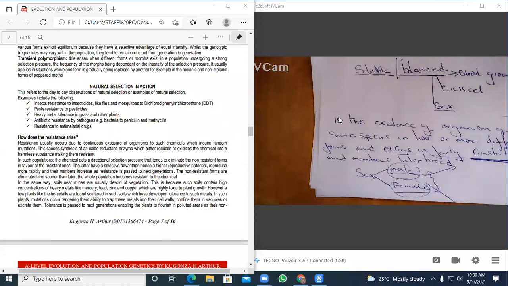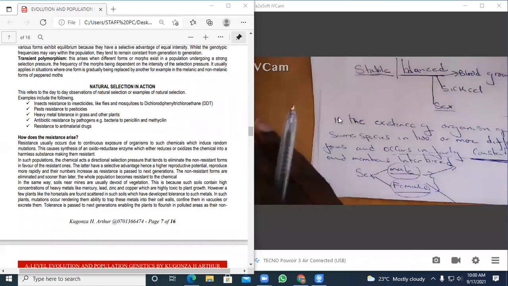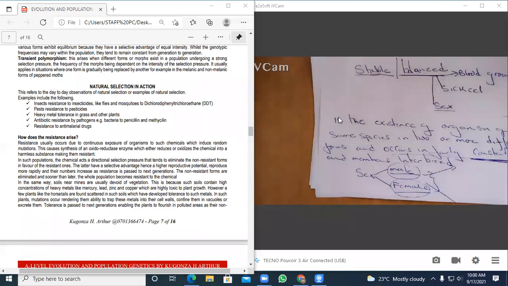In our population, I want to ask you a question. Do men increase and females decrease, or females increase and males decrease? All of them increase, and they are at a fairly constant level. Yes? According to sex.